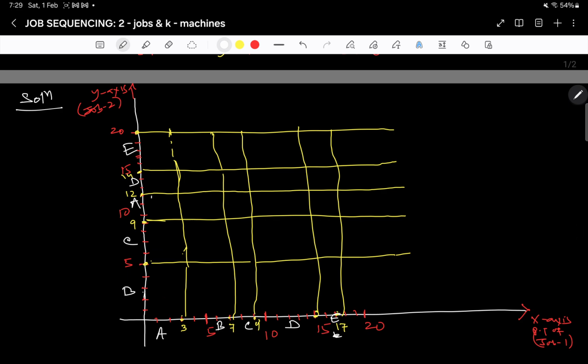Here A and A, this block is for your B and B, and for your C and C, and for your D and D. We just shaded them, and E and E we just shaded them.